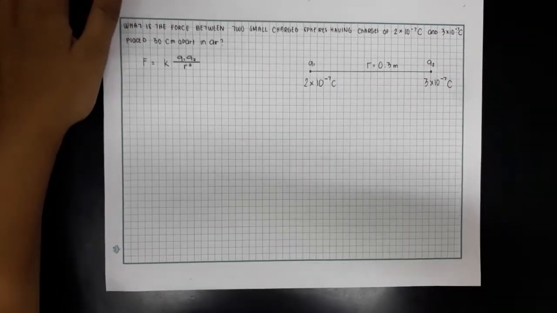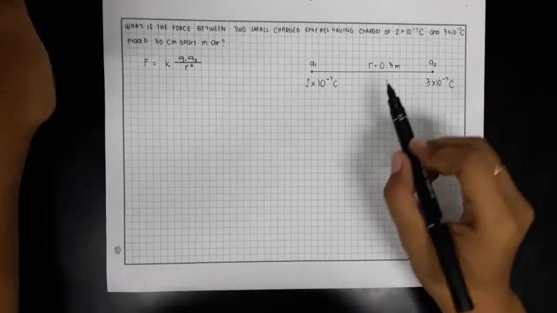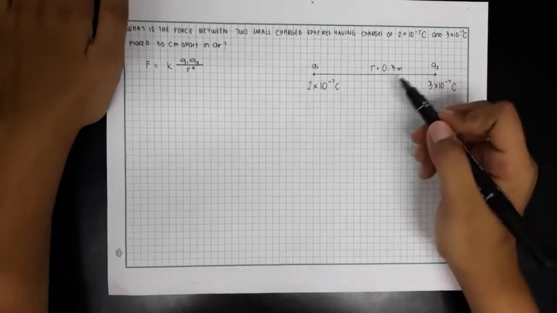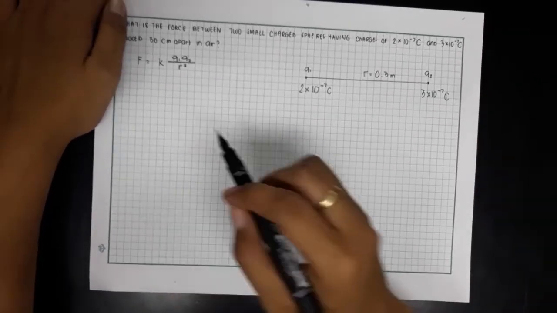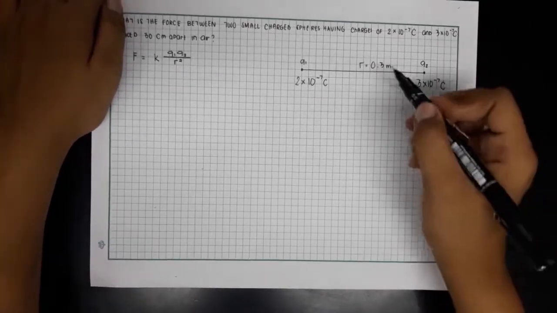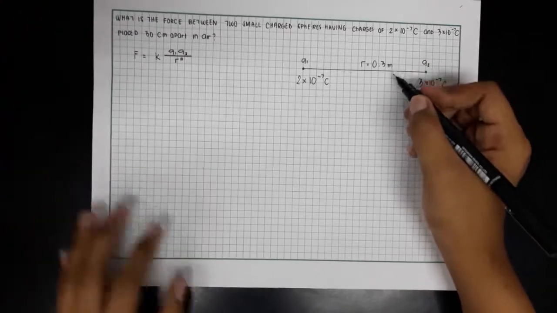Now, we write the distance as 0.3 meter, converting from 30 centimeters to meters.